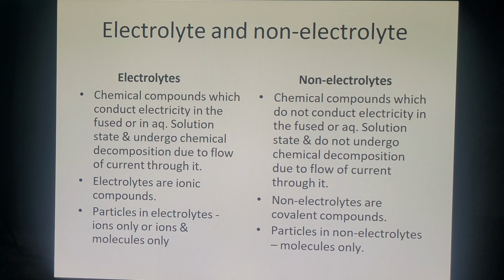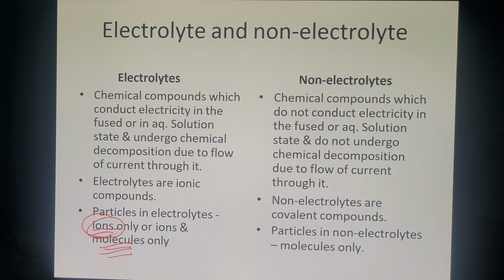The last point. If it is an electrolyte, there can be ions and there can be molecules. As you know, whenever any substance is passing electric current through it, it will mostly result in the formation of ions. But in some cases, it can have molecules also. This we will discuss a little in detail in the next slide.